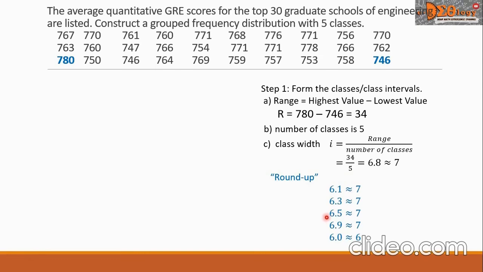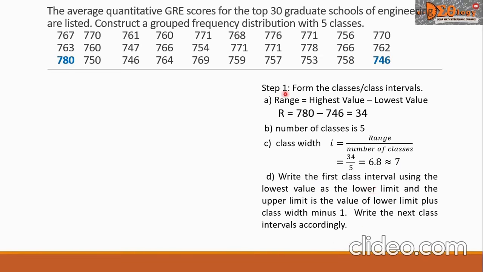Along with 6.5 and 6.9, all are rounded up to 7. The 6.0 is rounded up to 6 itself. So we can conclude that any decimal added to the number 6 will be rounded up to the next whole number, which is 7.